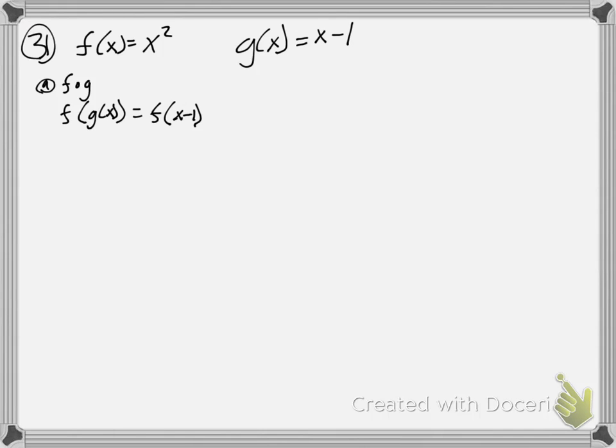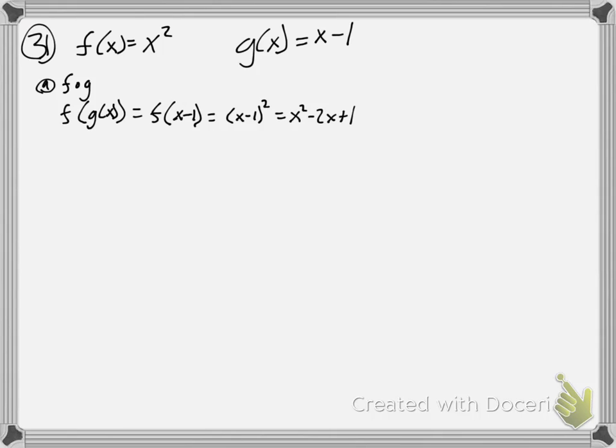So now if I think of x minus 1 going into that x squared function, it's taking the place of the x, I have x minus 1 squared, which you could FOIL out and end up with x squared minus 2x plus 1, or you could leave it as x minus 1 squared. Either way is really fine.